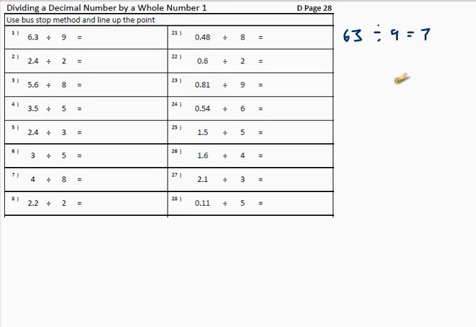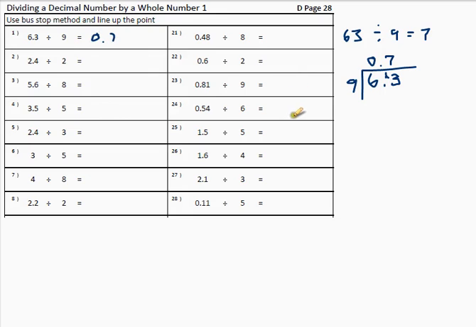Now to work out where your point goes, I would always recommend you think of it in this way, bus-stop method, because then you're not going to make mistakes. 9 goes in 6, it cannot, so it's 0. And then your remainder is 6, and then 9 goes in 63, 7. Okay, you cannot make a mistake like that.